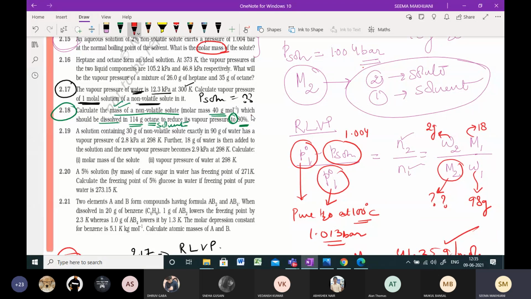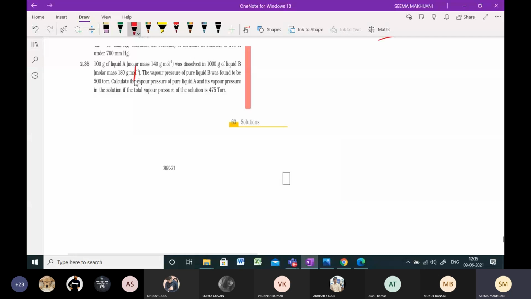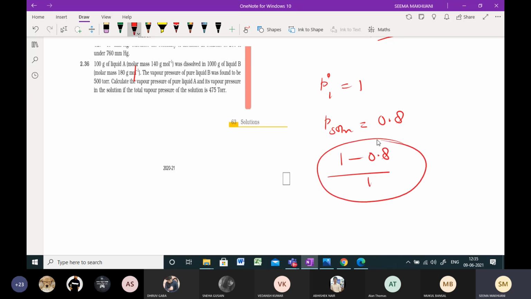If it is saying vapor pressure is reduced to 80%, initial तो दिया ही नहीं है, तो मैं P1 100 भी ले सकती हूँ. आप अगर कहते हैं कि नहीं मैम मेरे को तो 1 लेना है, ठीक है? अगर आपको P0 1 लेना है, तो it is reduced to 80%, तो P solution in that case will be 0.8. Answer वही आएगा. Your left hand side is a fraction, your value will remain the same, whether you do it like this, or by 100 minus 80 by 100, or by x. I do not like x, so I would not be doing it by x.